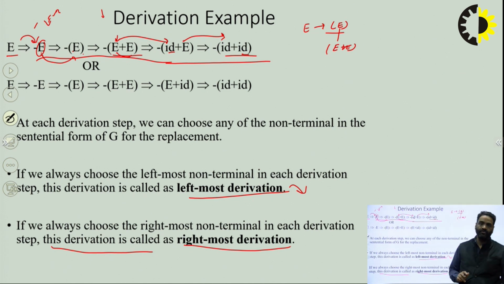So these are the two approaches we find in derivation. The first is known as leftmost derivation, in which the variable we are going to expand is always at the leftmost position. And in rightmost derivation, we always choose the variable placed in the rightmost position.